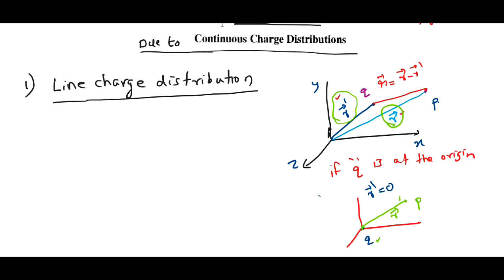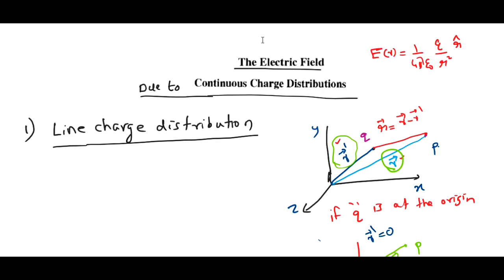Okay. In such a case, in the expression for the electric field, the r prime is equal to 0, then separation vector r will be equal to r.